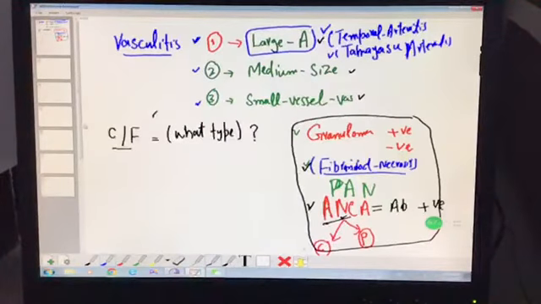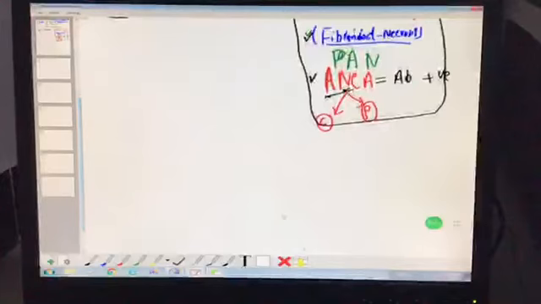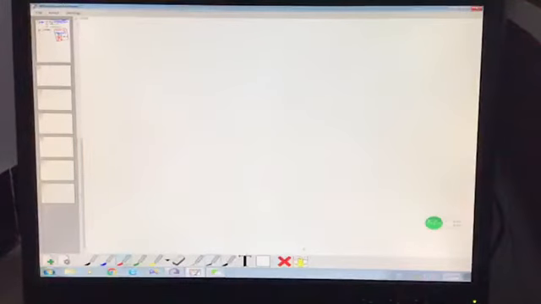Now the question: which area, what type of large vessel is involved? We draw it here simply. I'm just writing a short form. In large vessel vasculitis there are two categories.